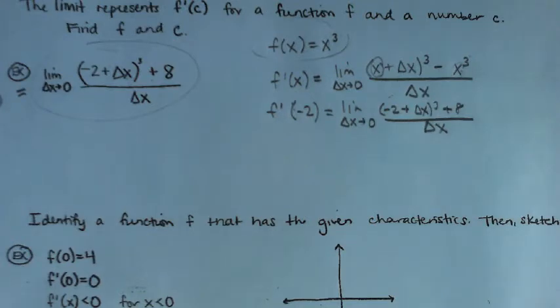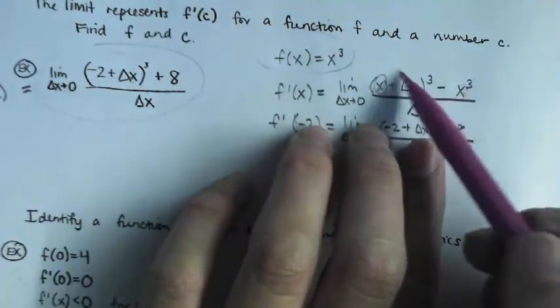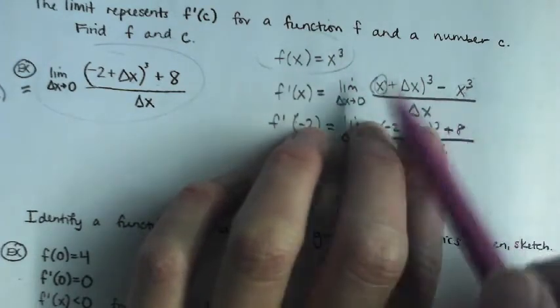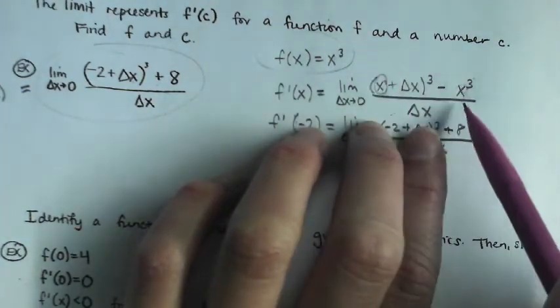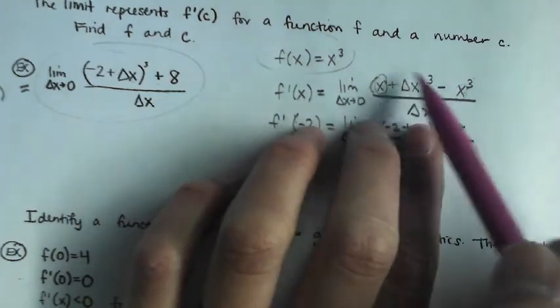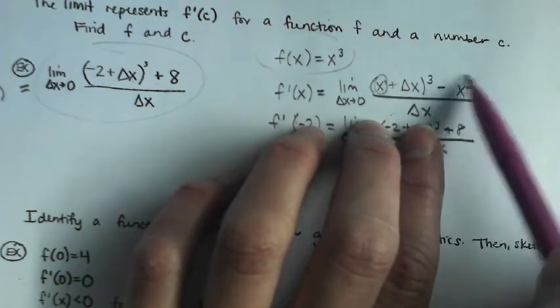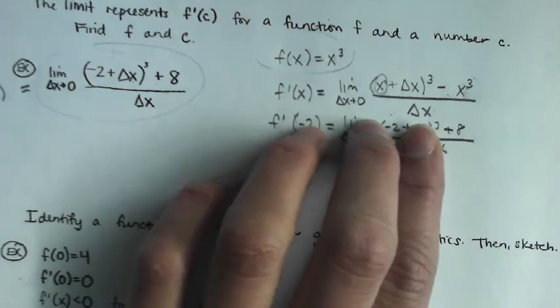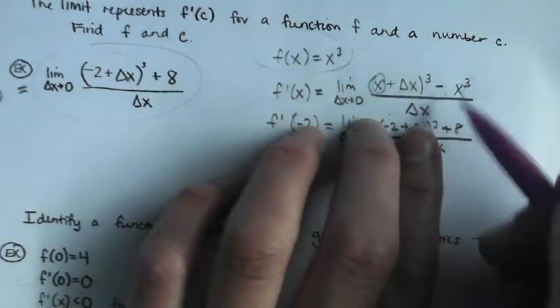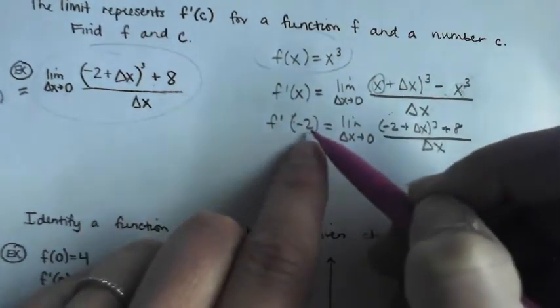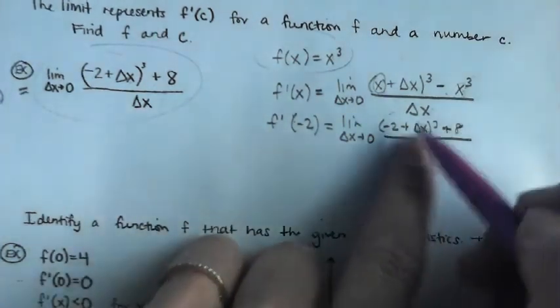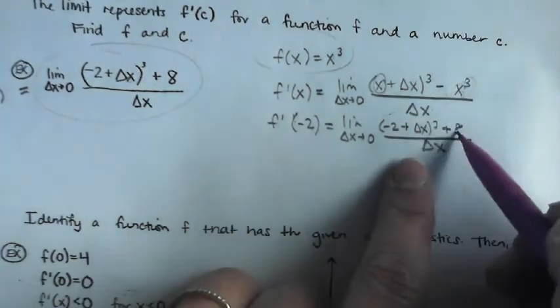So what's really tricky about this one is that if it was this alone, and they just said, what's the function, we could realize that it's x cubed, because here's your f of x plus h minus your f of x all over h. But they did two things. They did the limit rule, and they then specifically were looking for the limit at a certain number, in which case all your x's got replaced with a negative 2, so it kind of hid this from us.